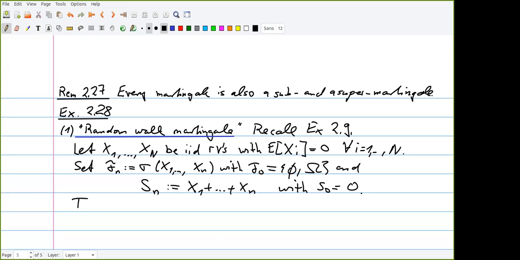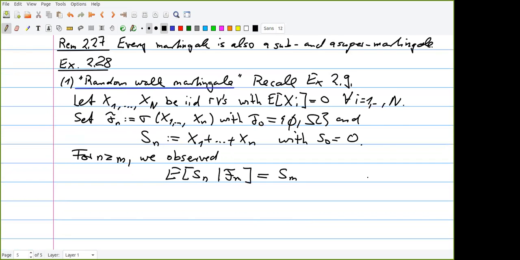And I am not doing the calculation again, as we did it already in this example 2.9. So what we have observed is that if we calculate the conditional expectation of Sn given Fm, we have that it's Sm.